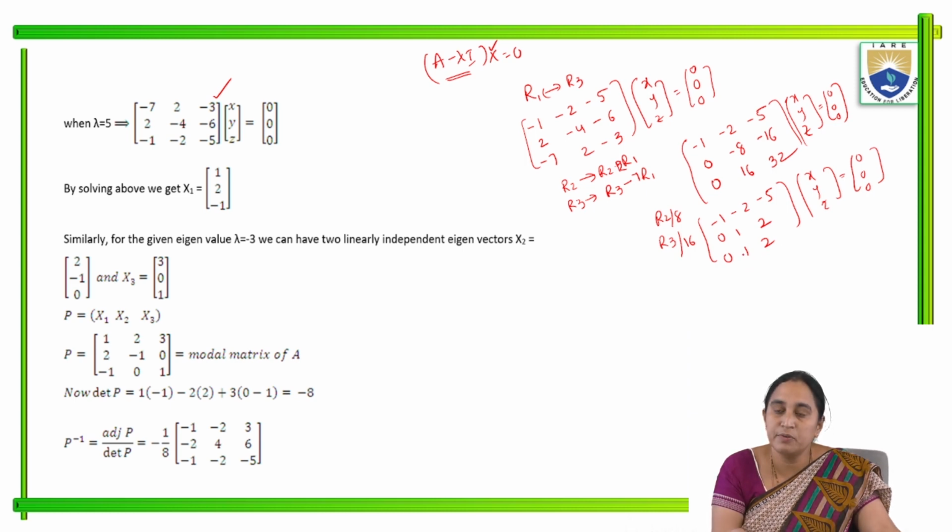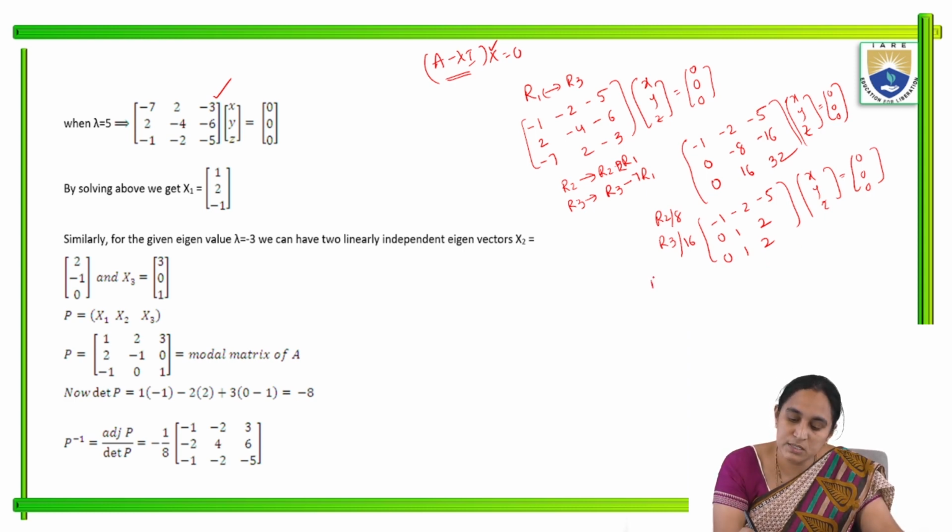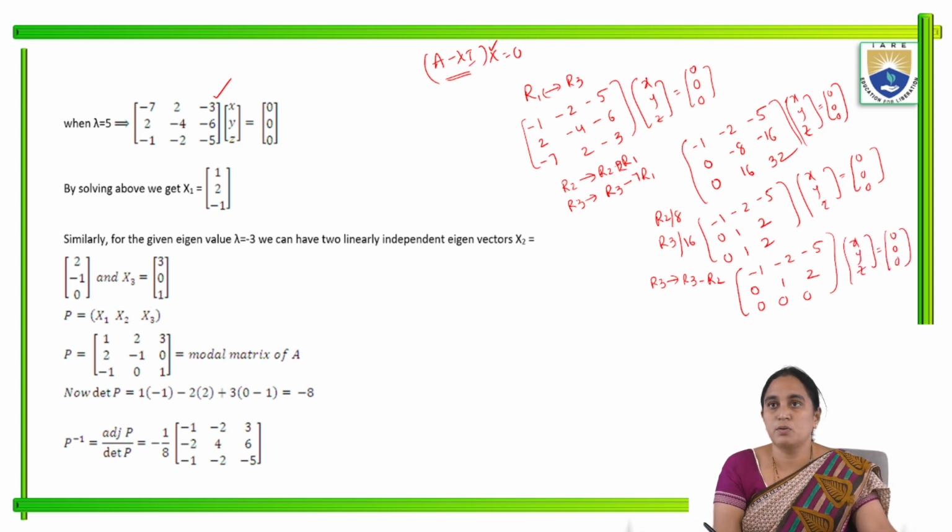So I'll reduce the third row completely to 0 with respect to R2, that means R3 tends to R3 minus R2. From that, minus 1, minus 2, minus 5, 0, 1, 2, 0, 0, 0 into x, y, z is equal to 0, 0, 0.